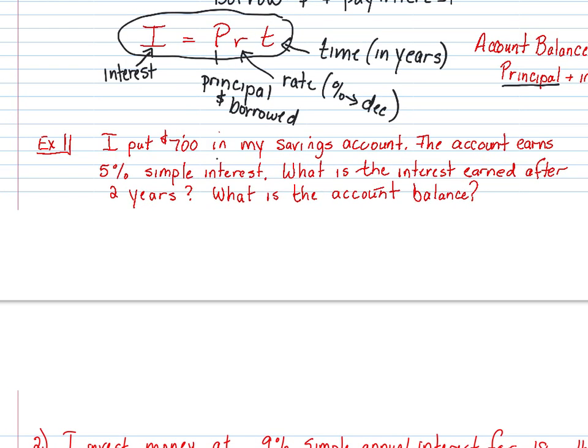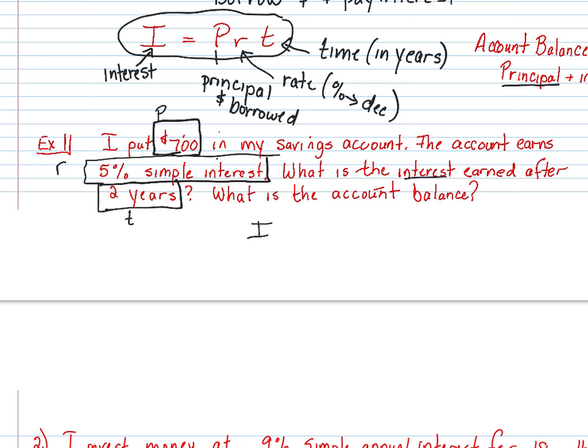So we put $700 into our account. That is called your principal, so that's your P. The account earns 5% simple interest, so there's my rate. And it asks, what's the interest earned over 2 years? Notice that is in years, that's my time. So it wants to know the interest, so I put I equals PRT.